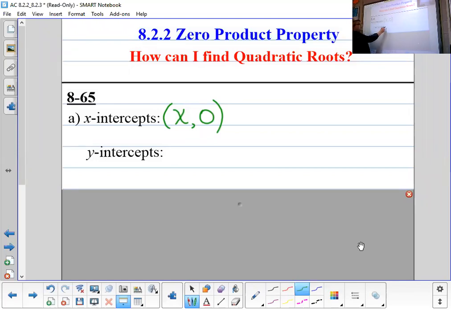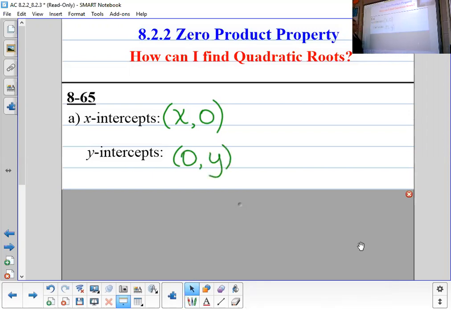What about for a y-intercept? What is the x for the y-intercept? 0. And then what is the y? It depends on the point, so it would be whatever the y value is of that point. So when I have x-intercepts and y-intercepts, I've got zeros. Make sense? Okay, cool.